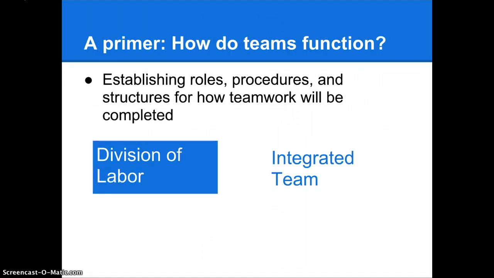So before we begin, just thinking about how teams function, think back to the Killingsworth article, establishing roles, procedures, and structures for how teamwork will be completed. So there's the division of labor model. It's more hierarchical, specialist driven, more rigid and prescriptive.